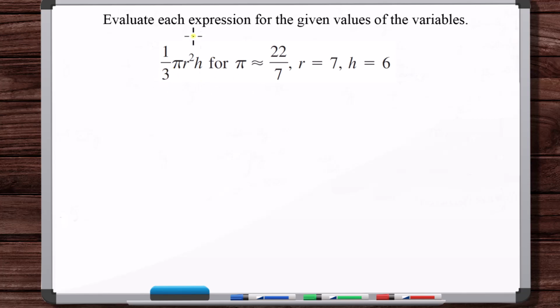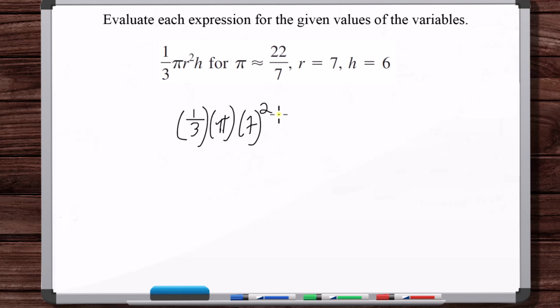Let's evaluate 1/3 pi r squared h with these variables. So we've got 1/3, and we can actually put these in parentheses so we can clearly see the different multipliers here. Then pi, then replace the r, focusing just on the variable, with a 7 in parentheses, and then we're squaring it.